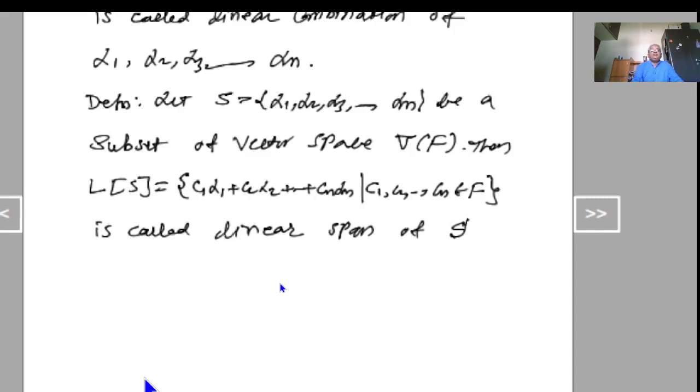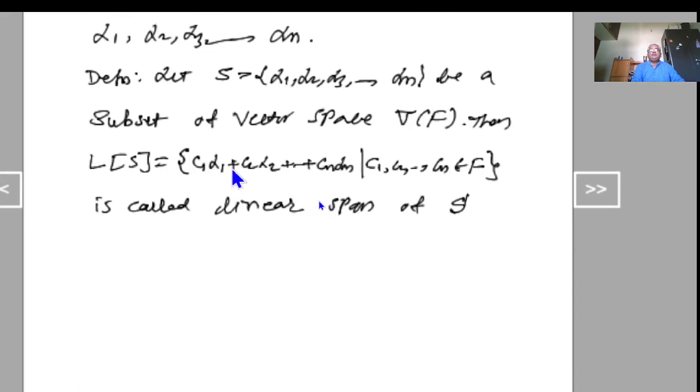So that is, L of S is nothing but the set of all linear combinations of the elements of S. Okay. So this is known as the linear span.